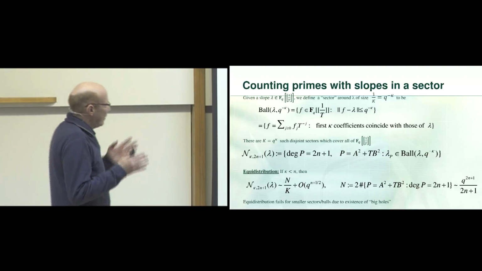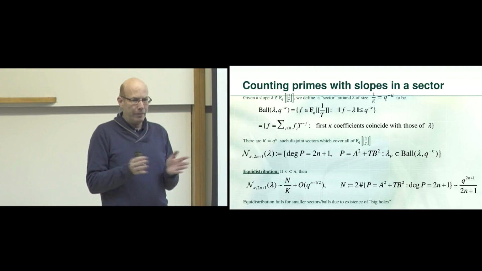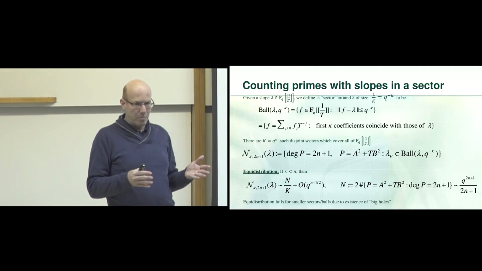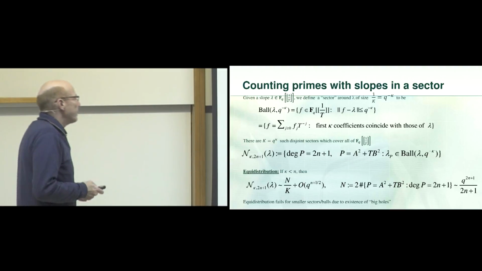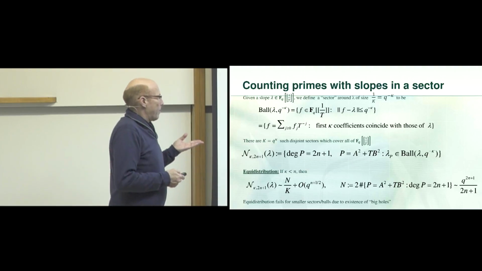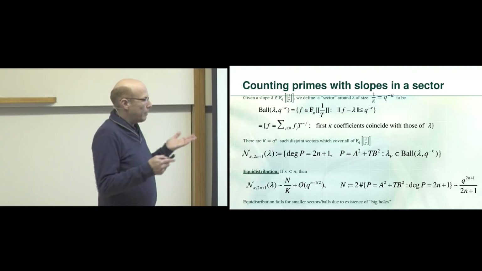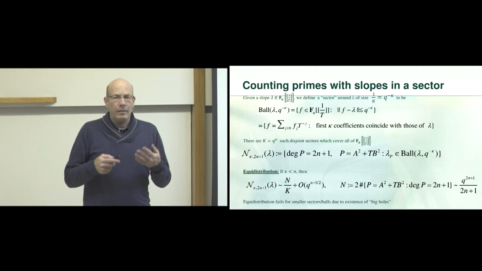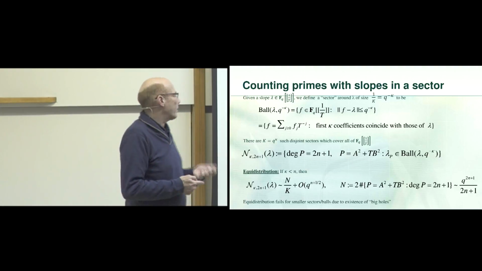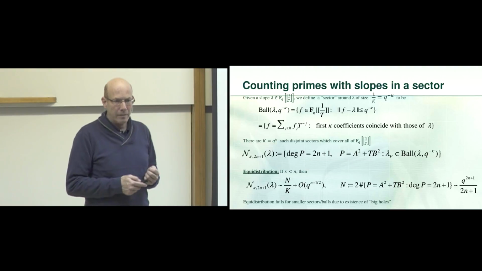Okay, so I divide the set of possible slopes into bins, depending on the first kappa, the first three coefficients of the actual slope in the Laurent expansion, and ask how many of the capital N prime polynomials, which are sums of two squares in this form and of given degree, have slopes which fall in a given sector, like this.